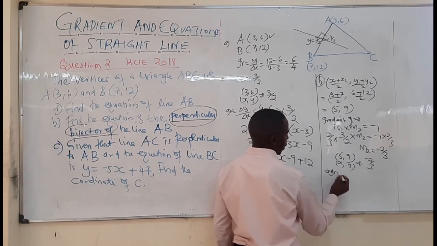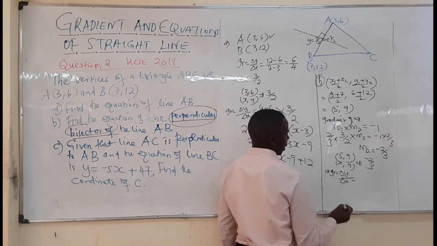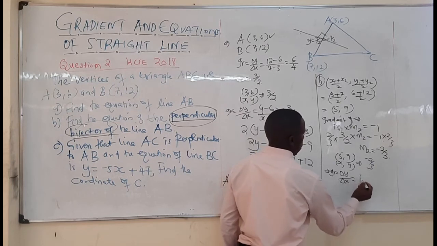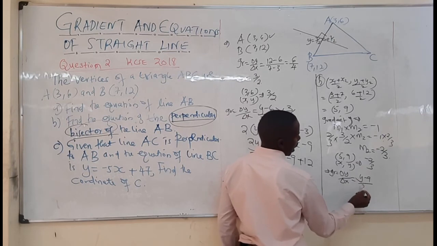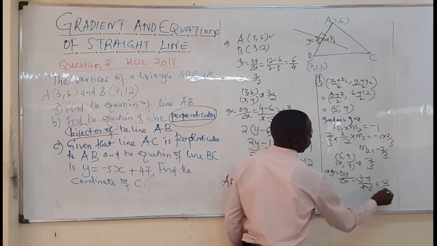The gradient of the line is given by change in y over change in x, and that's going to be equal to y minus 9 divided by x minus 5 is equal to minus 2 over 3.